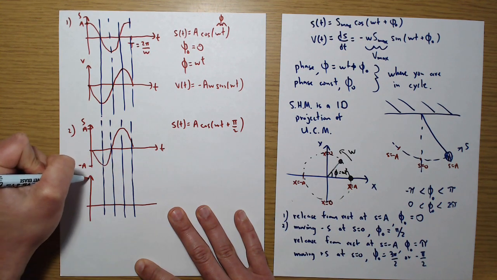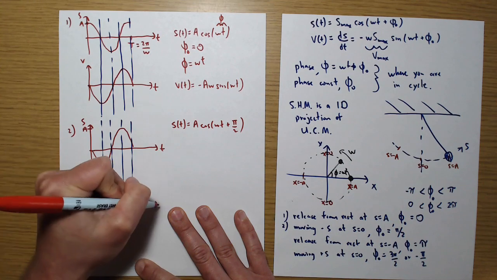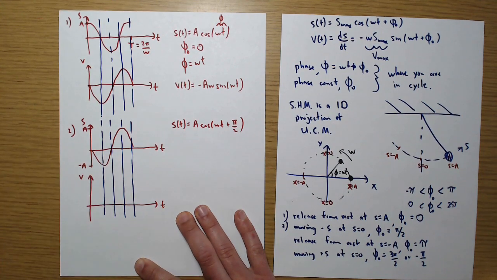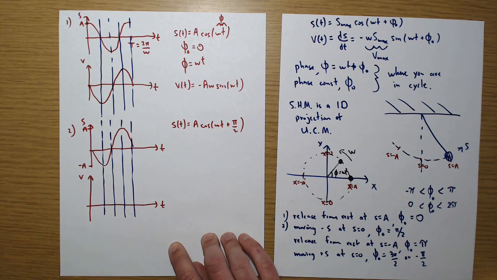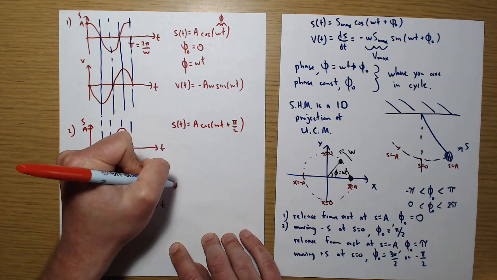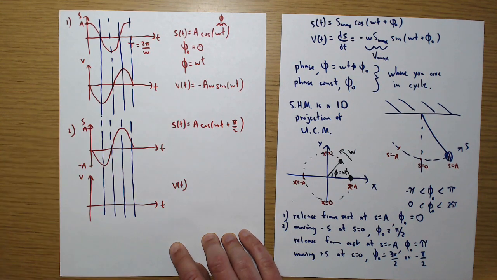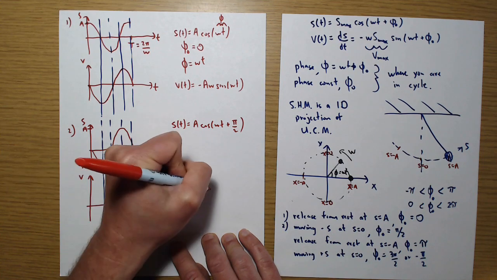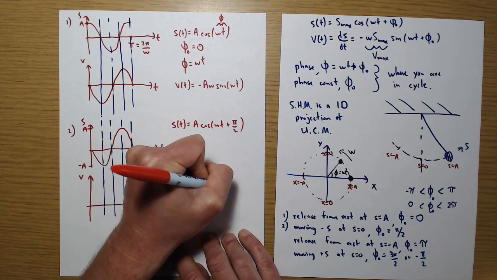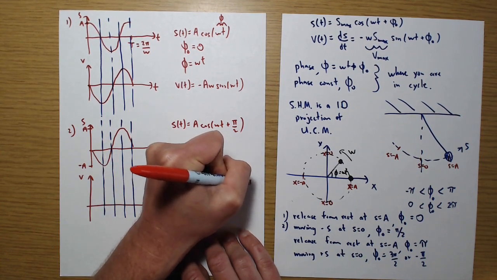Velocity as a function of time. And really, we could think about also just taking the derivative again, in this case, to find the velocity. Velocity is the derivative of the position, and what I get is negative A omega sine of omega t plus pi over 2.